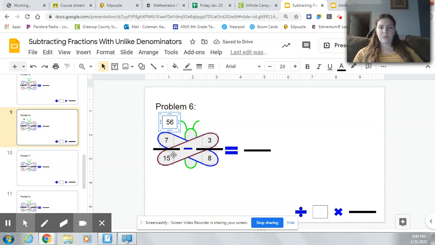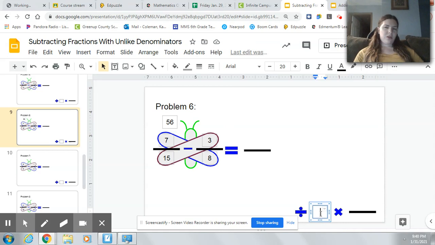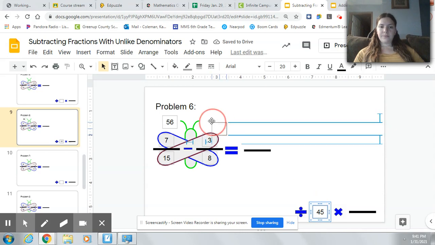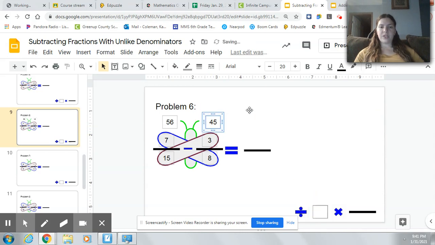And then we also have to multiply our purple wing, so 15 times 3. If you didn't know 15 times 3, you could add 15 plus 15 plus 15. Or you could work it off to the side, put 15 on top times 3 on the bottom, and then get your answer. The answer would be 45. And I'm going to bring that by the other antenna.